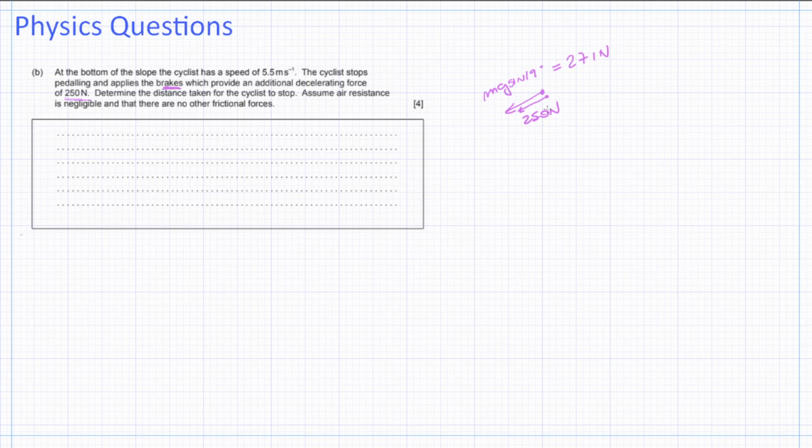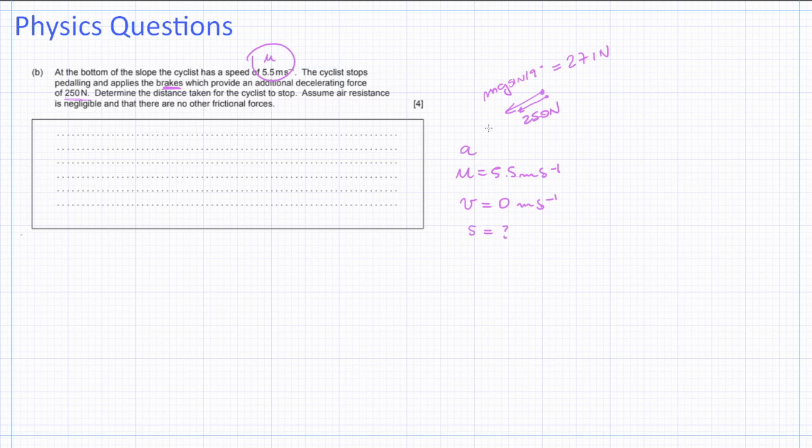So that's an additional deceleration. We know our initial speed, which is 5.5, and we know some forces. We want to know when it's going to stop, so final velocity is 0, and we want to know the distance, the displacement.